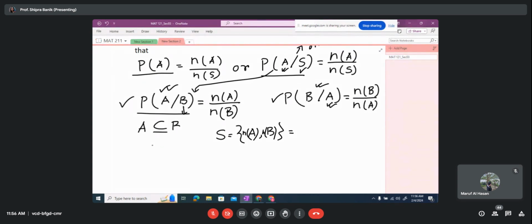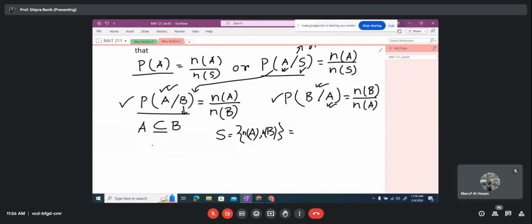A cannot be more than B. Otherwise, the probability will be more than 1. Agree or disagree? Agree, ma'am. That means in another sense we are saying A must be a subset of B.